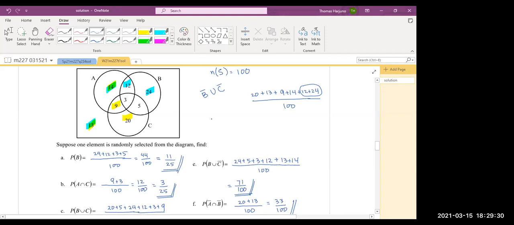If the question were the probability of B intersection C, then you would only use 13 plus 14. It has to be outside of B and outside of C. You see? So it's about OR here. If it is an OR, then as long as it satisfies either one of them, you count it in.